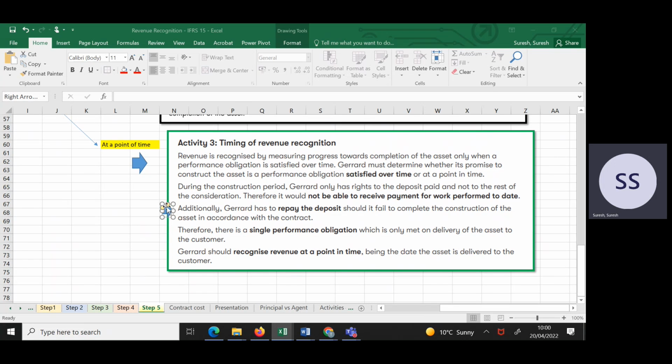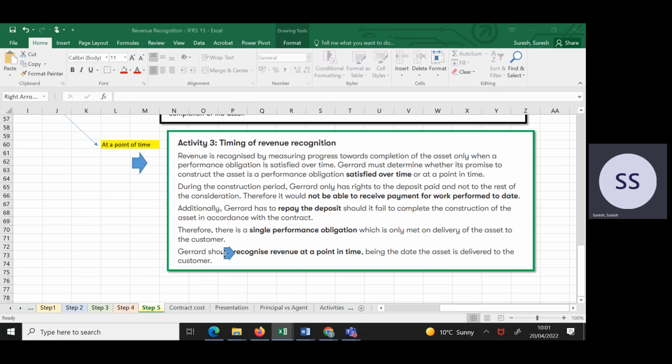And if you move on further, it says this is a single performance obligation which is only met on delivery of the asset to the customer. So that's the point. When the asset gets delivered to the customer, that's where Gerard would get entitled to the consideration, right? So this performance obligation is satisfied at a point in time.